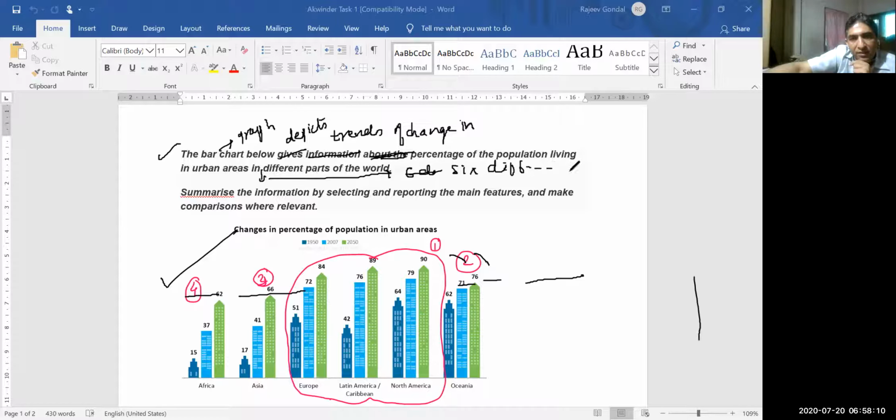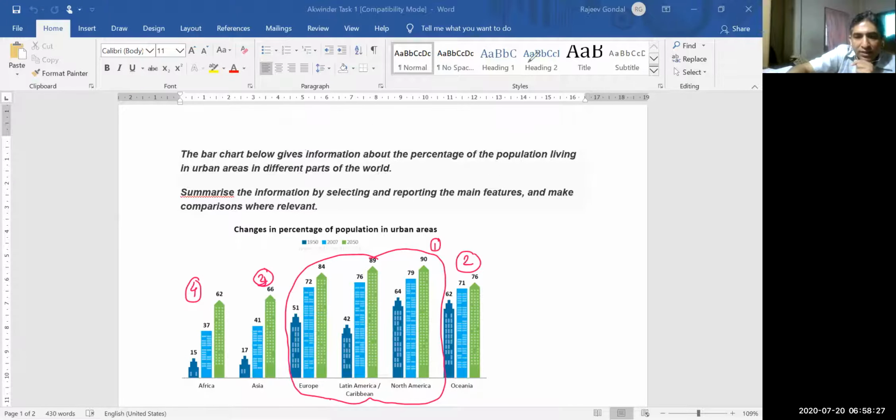So you are writing 6 different regions. So basically what I'm saying is, to write the introduction, just paraphrase the question statement itself, and that's the easiest and the best way to go about it. You save a lot of time and you go right in the sequence.